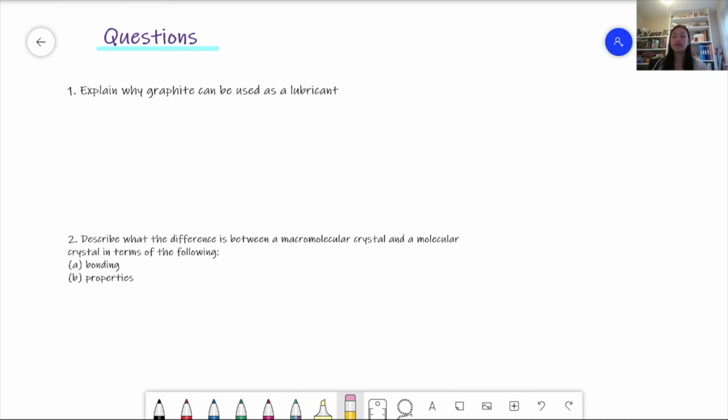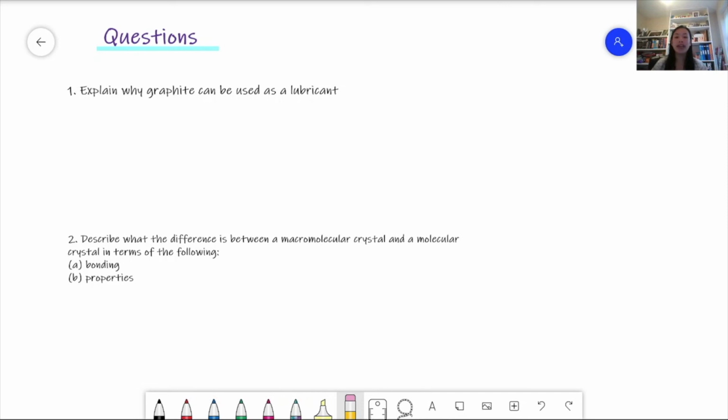so it can be used as a lubricant. For number 2, describe what the difference is between a macromolecular crystal and a molecular crystal in terms of the following: bonding and properties. So with bonding, macromolecular means giant covalent, and molecular means simple molecular, so just molecules.